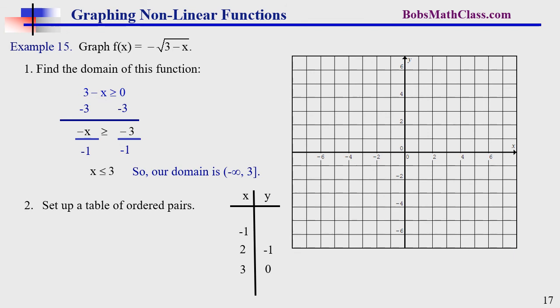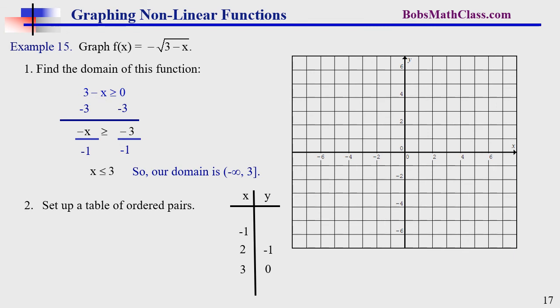Your start could be negative 10, and then your end could be 3. That'll be about 13 numbers. So that's the important part. They have to be less than or equal to 3. You can't pick x equals 4 or x equals 5 because it'll give you an error. You could keep playing around with your calculator if you're confused on what numbers I'm choosing. I'm trying to choose numbers that give me a perfect square root.